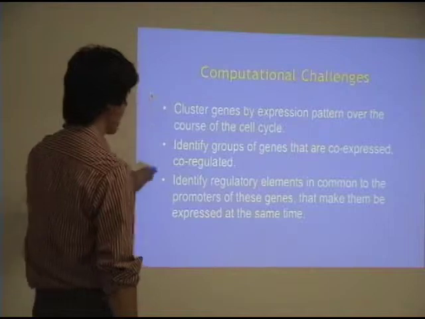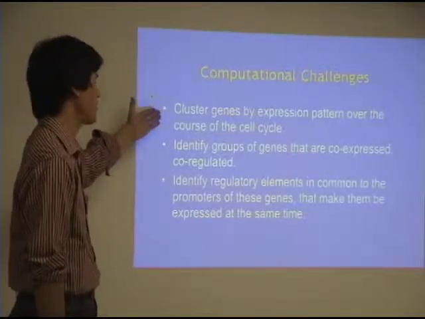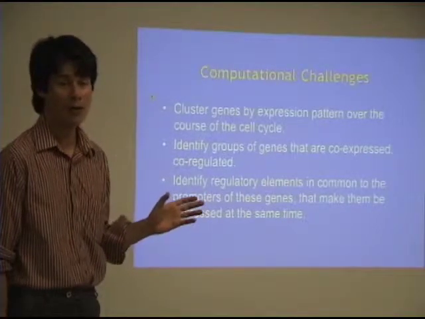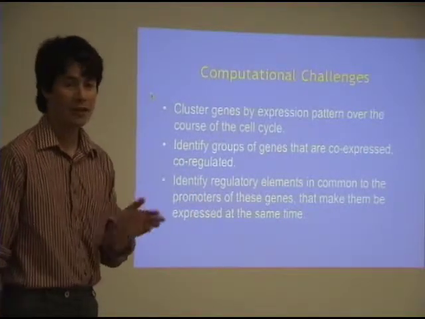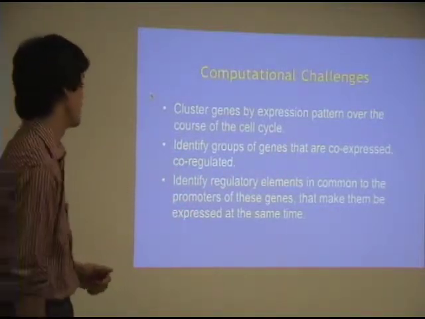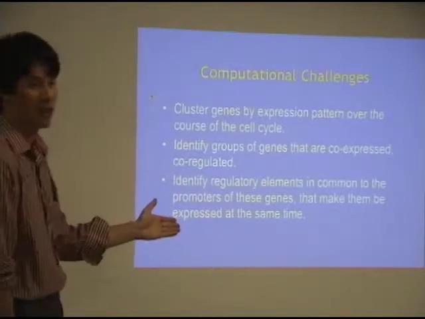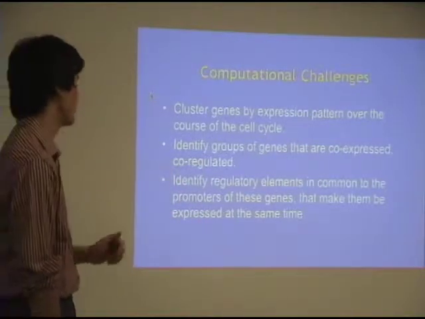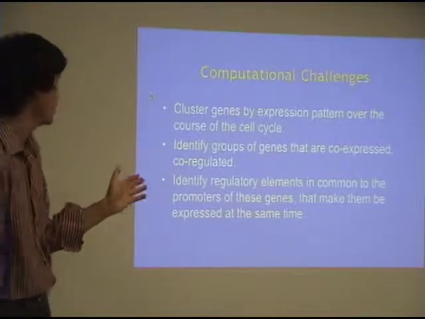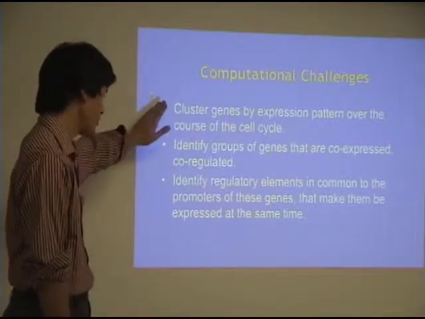So some examples of these kinds of things are to be able to identify which genes are important for controlling the cell cycle, which is basically the cycle of stages of growth in a cell. There are different stages, such as the stage where it copies all of its DNA. So for example, there have to be tons and tons of genes that are involved in DNA replication. They all have to become active right at that moment in the cell cycle.